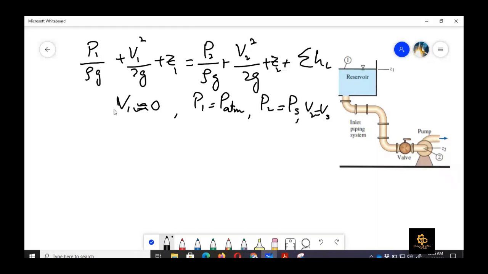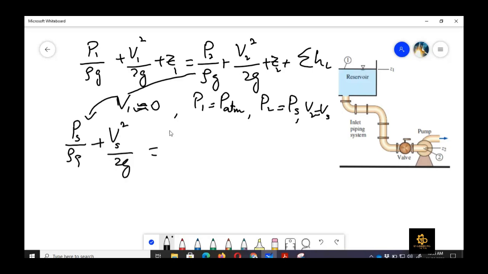If we put in the values here, now I am trying to write P2 upon rho g plus V2 square upon 2g on the left hand side, because it would give us the net positive suction head available. So it would be Ps upon rho g plus Vs square upon 2g.